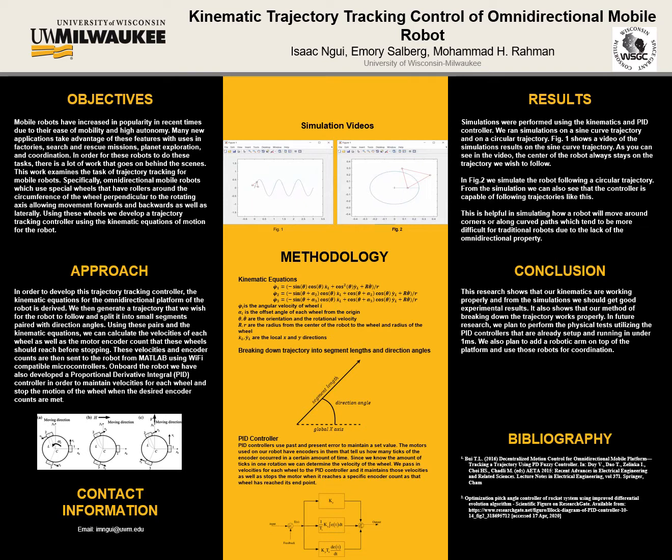Alpha is the offset of each wheel from the origin. So our wheels are set 120 degrees apart. So alpha of the first wheel would be 0 because it would be on the baseline point. Alpha of the second wheel would be 120, and then alpha of the third wheel would be 240. So theta and theta dot are the orientation and the rotational velocity of our robot.